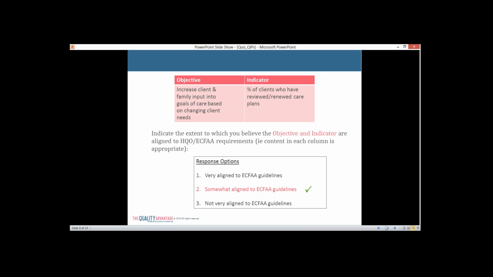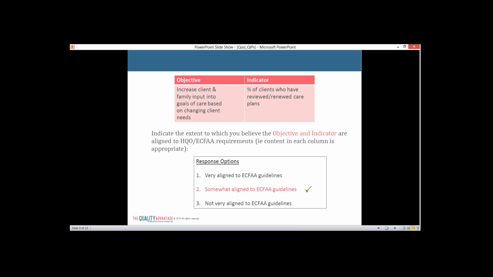The indicator, though, percentage of clients who have reviewed, renewed care plans, is leaning more towards a process measure.